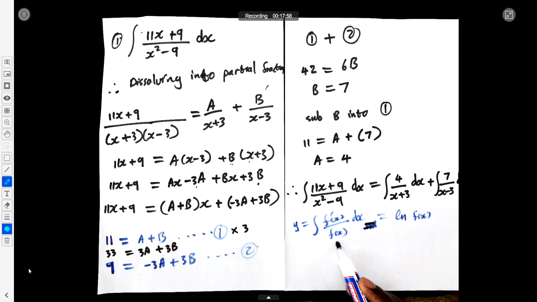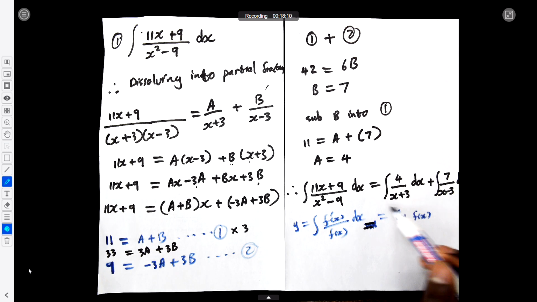Because we have the function in the denominator and the derivative in the numerator. And we know the derivative of ln f of x is 1 over f of x times f prime of x. So f prime of x all divided by f of x. So we know that when you differentiate x plus 3, we're going to get 1.